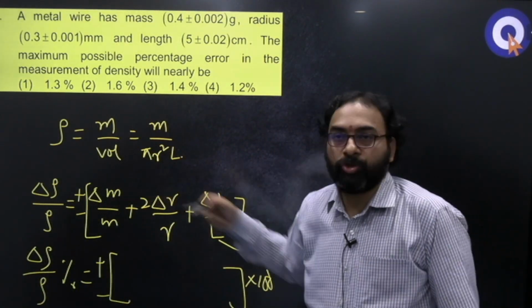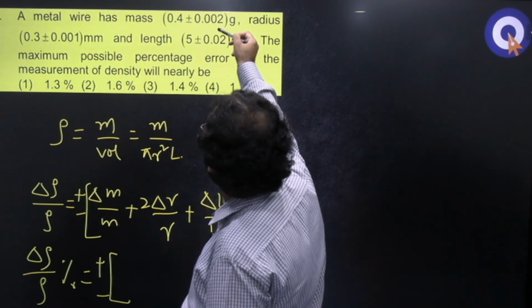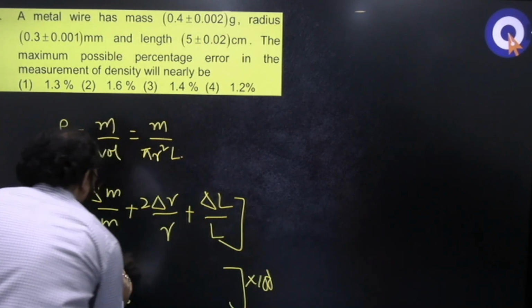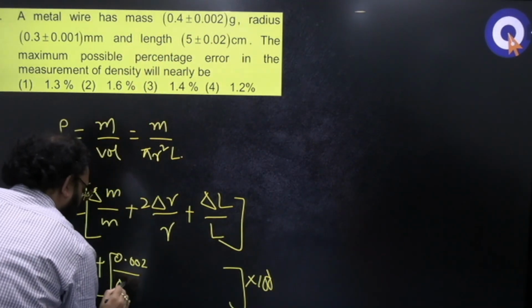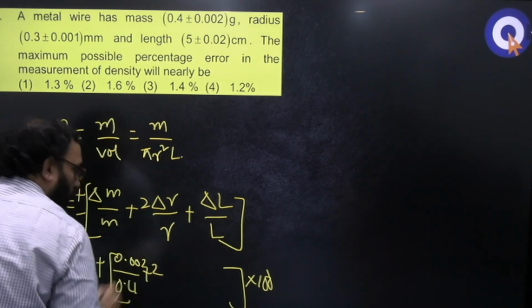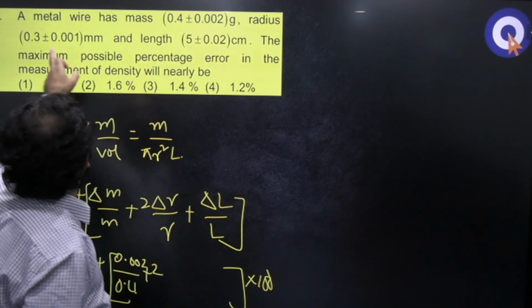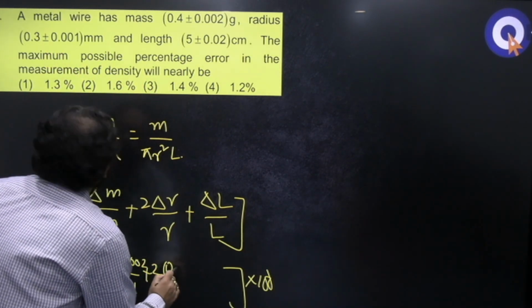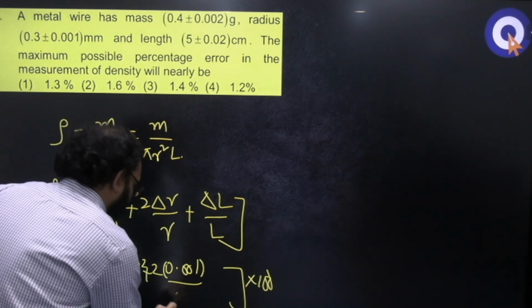But what are we supposed to substitute? Delta m, the error in mass, is 0.002 divided by 0.4, plus 2 into 0.02 by 5. Here the error in radius is 0.001 divided by 0.3.